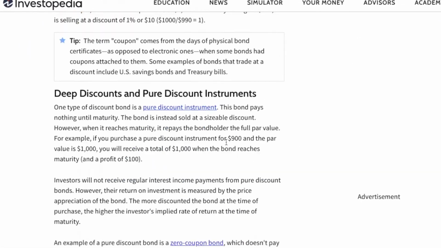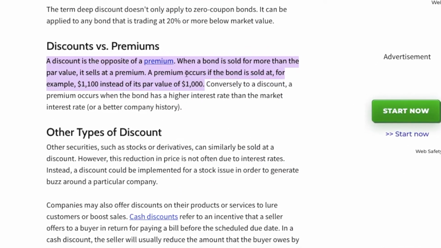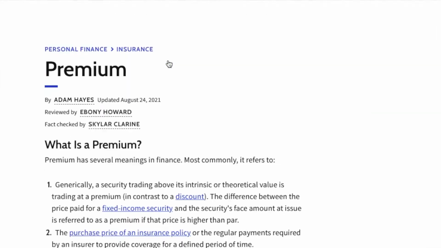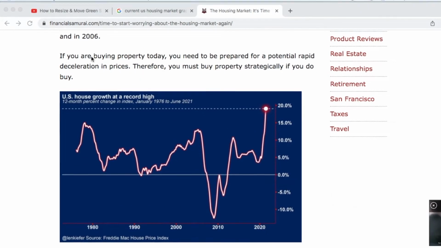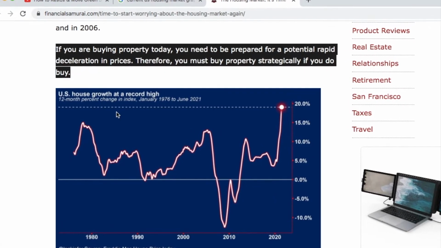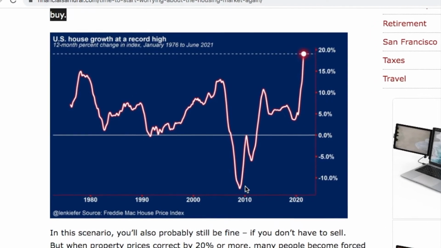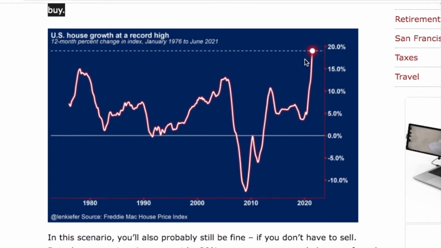So when the housing market goes down, people will be able to buy houses that were $500,000 for maybe $300,000 because there's a discount. Right now, the housing market is at a premium because it's at an all-time high. People are having to go up to $500K just to buy regular, everyday houses. That would be an example of a premium.